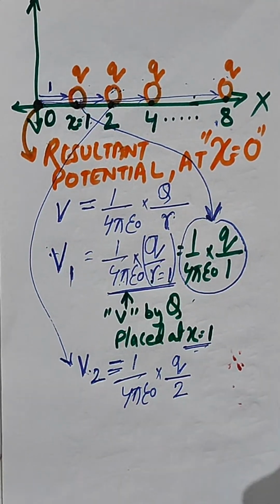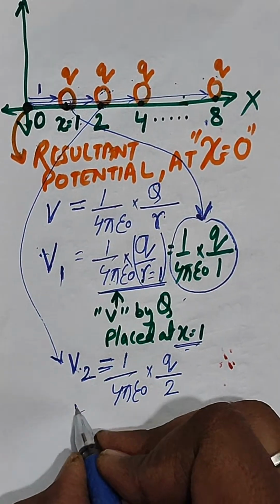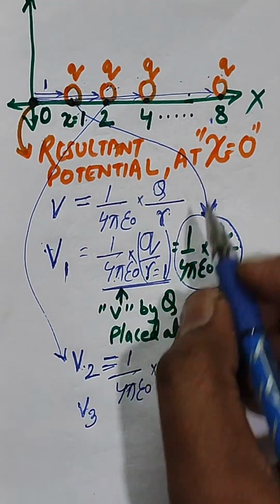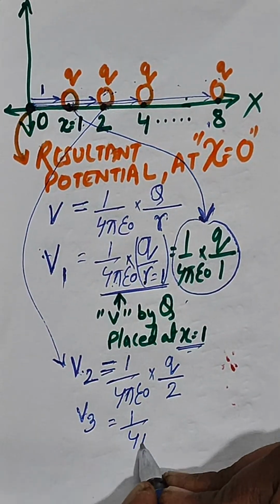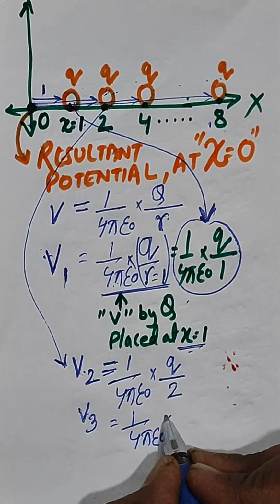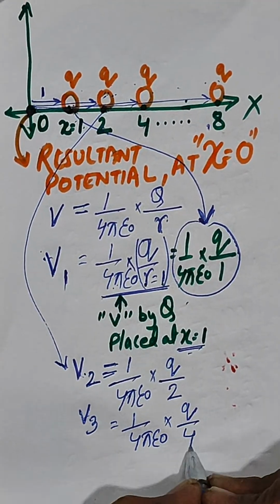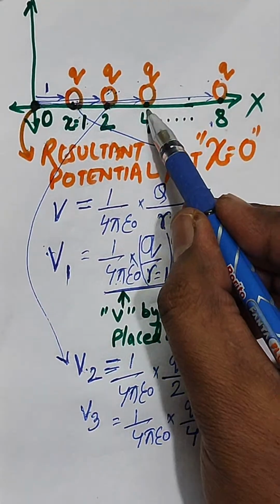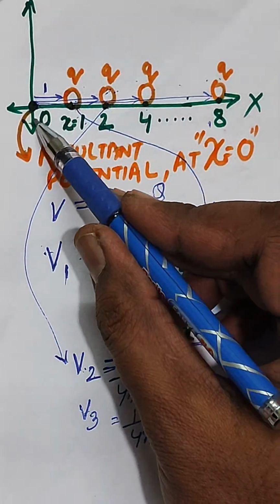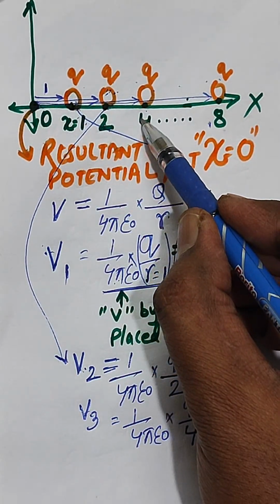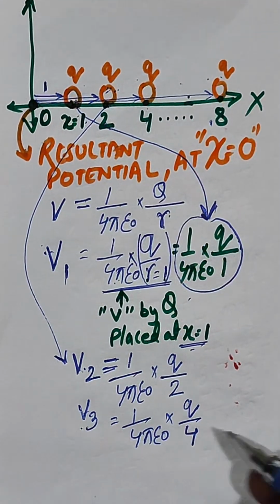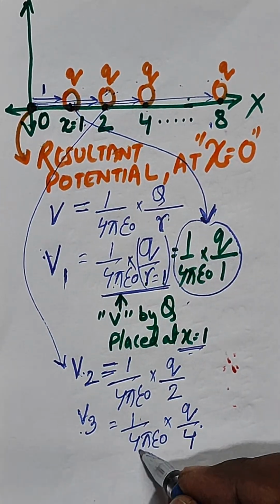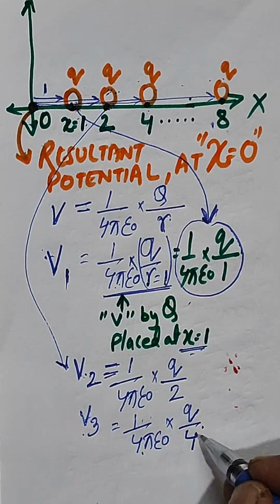Similarly, for the third one it will be 1 by 4 pi epsilon 0 into q by 4, because the third charge is placed at a distance of 4 units from the origin, and it also creates some potential of this magnitude.